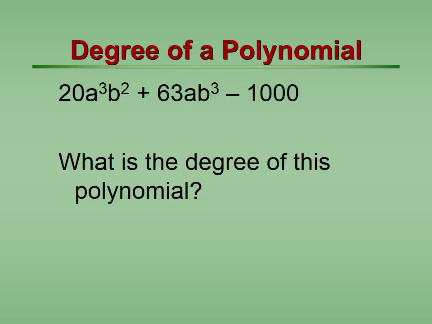So for example, x to the 0 power is 1, and then 1 times 1,000 would be 1,000. So you really have this invisible x to the 0 power in that third term. So that means that your degree is 0 for that last term. So you've got 5, 4, and 0 for your degrees of terms in that polynomial. So the highest degree term is going to be 5, which means that your polynomial has a degree of 5.